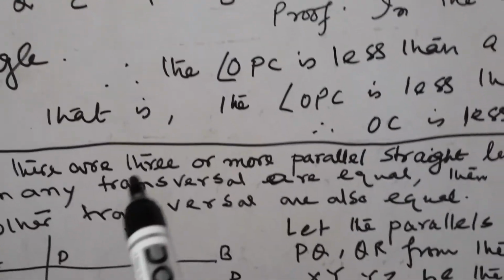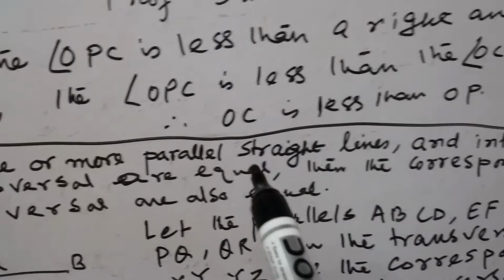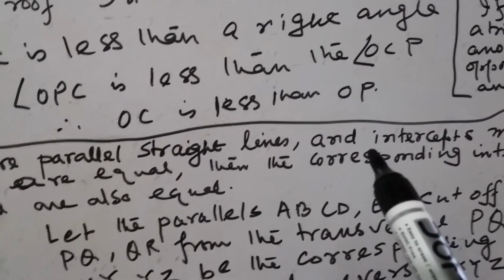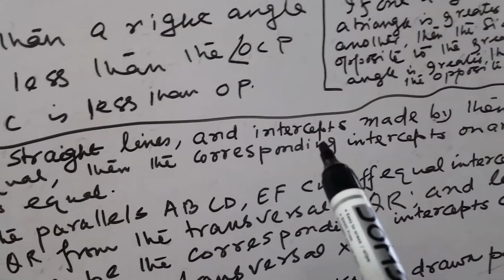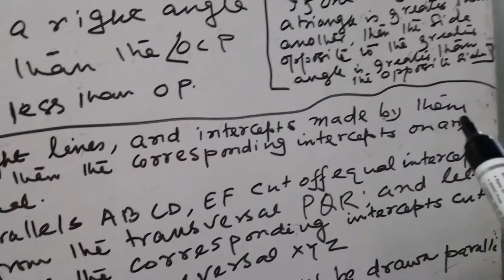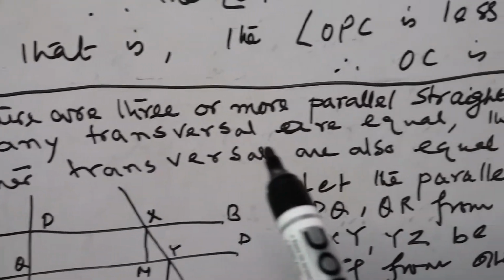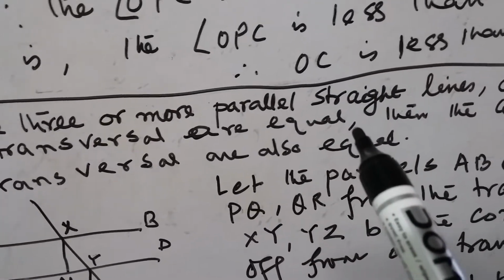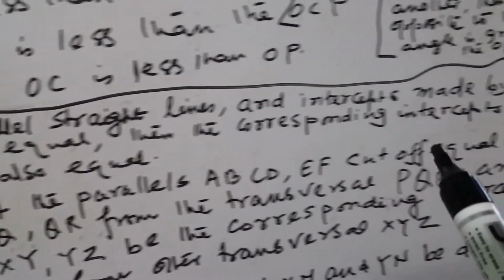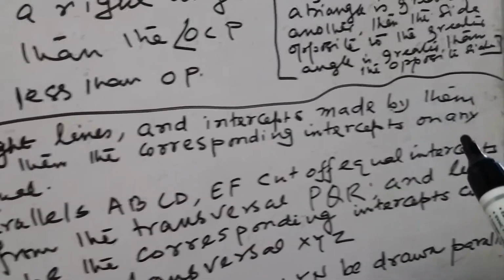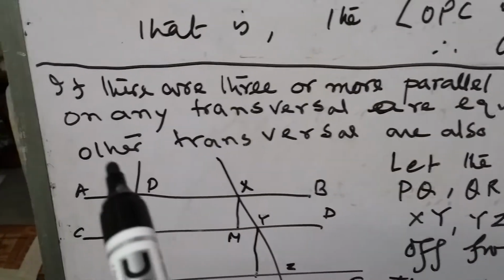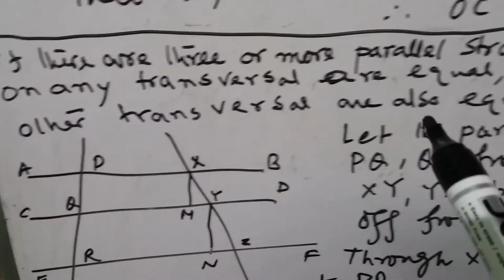If there are three or more parallel straight lines, and the intercepts made by them on any transversal are equal, then the corresponding intercepts on any other transversal are equal.